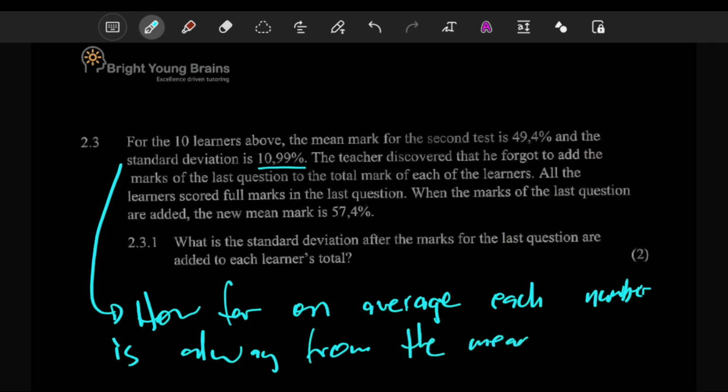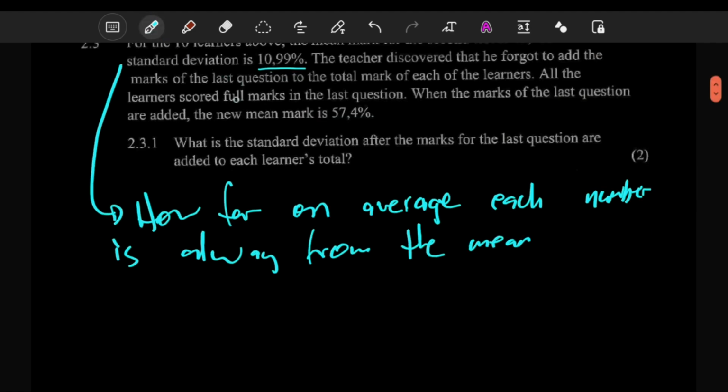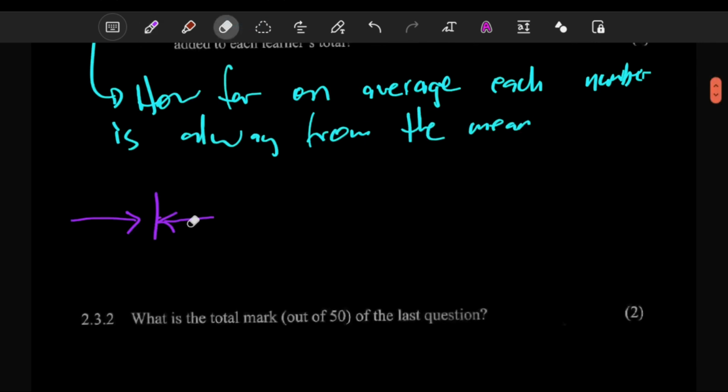So basically what they do with standard deviation is they take the mean, and then you work out the distance between the mean and every single number on the right of the mean and every single number that's on the left of the mean. You take all those distances, you add them up, and then you divide by how many numbers you're dealing with. That will always give you your standard deviation.